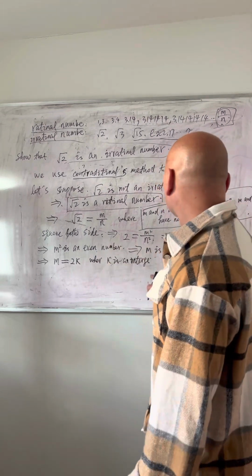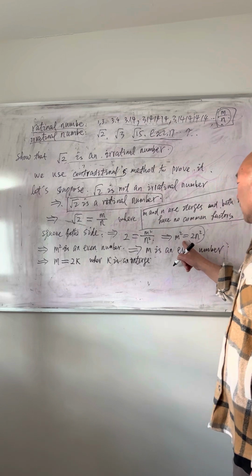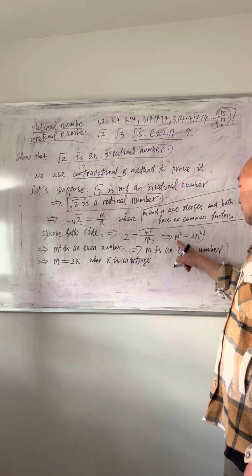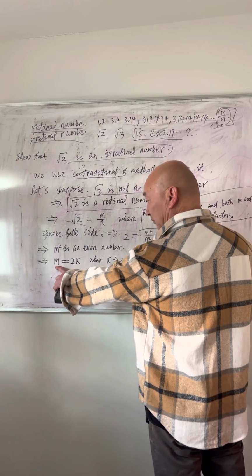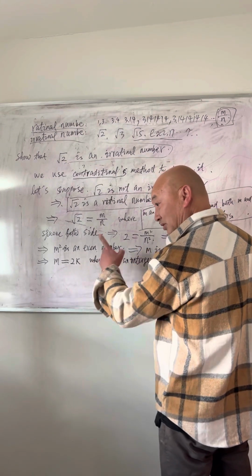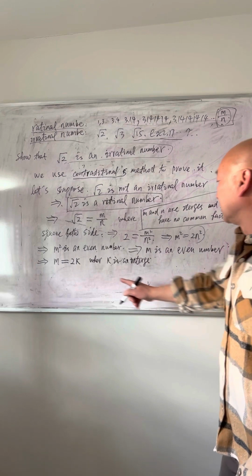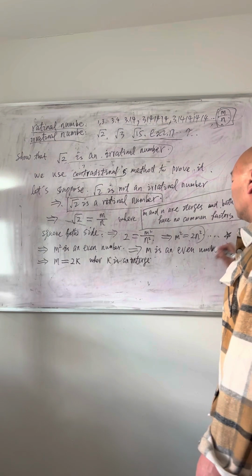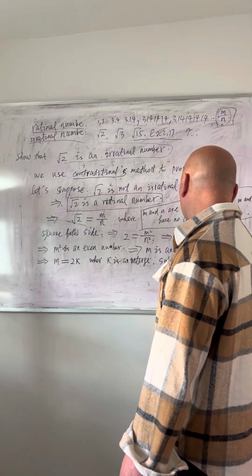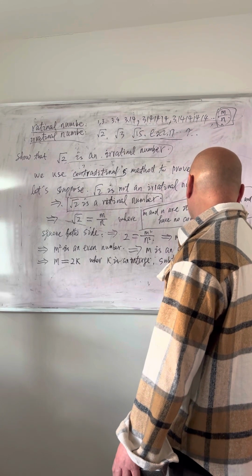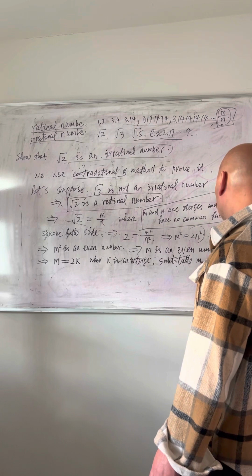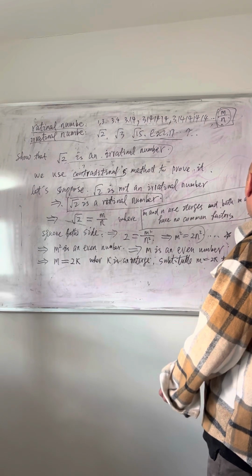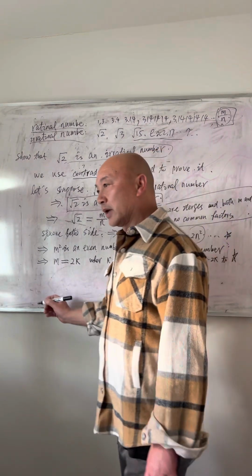Look at this: m squared is 2n squared, and m is an even number, so it can be expressed as 2 times an integer. Now we substitute this one into here.